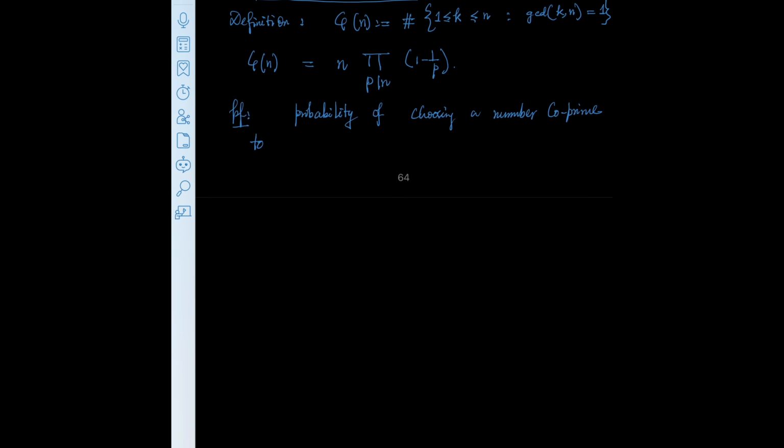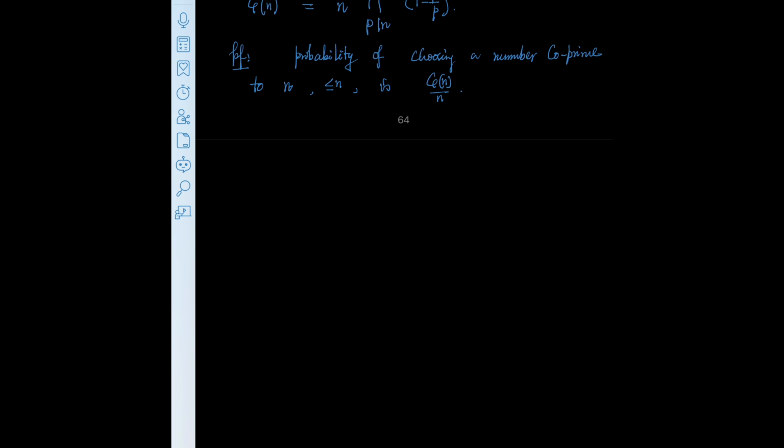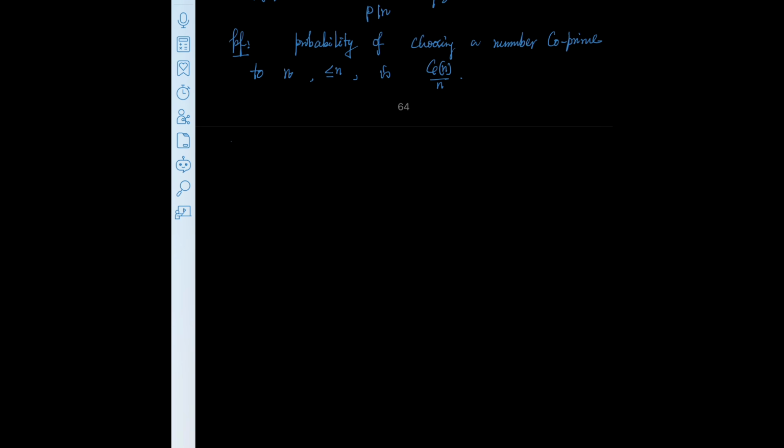And what is the probability that a randomly chosen number is divisible by p? It is 1 by p, right? And then what is the probability that a randomly chosen number is not divisible by p? It is 1 minus 1 by p.